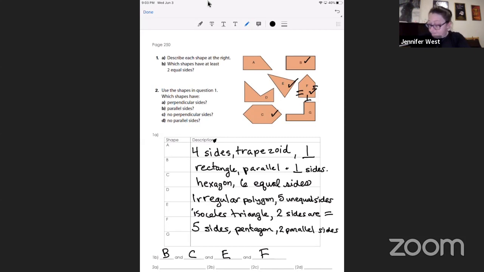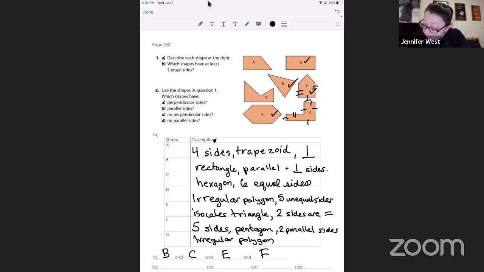We'll write that down. And then G. 1, 2, 3, 4, 5, 6. So it's irregular polygon because all the sides are not the same. And it has parallel and perpendicular sides. I just don't have room to write that. I'm sorry.